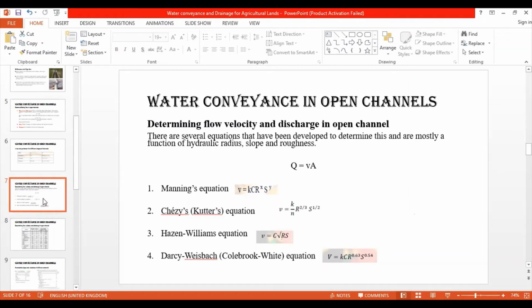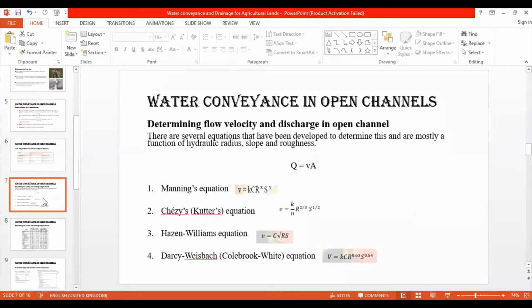To determine the velocity of water in our channels, there are different formulas that are given, but almost all of them are dependent on three things.